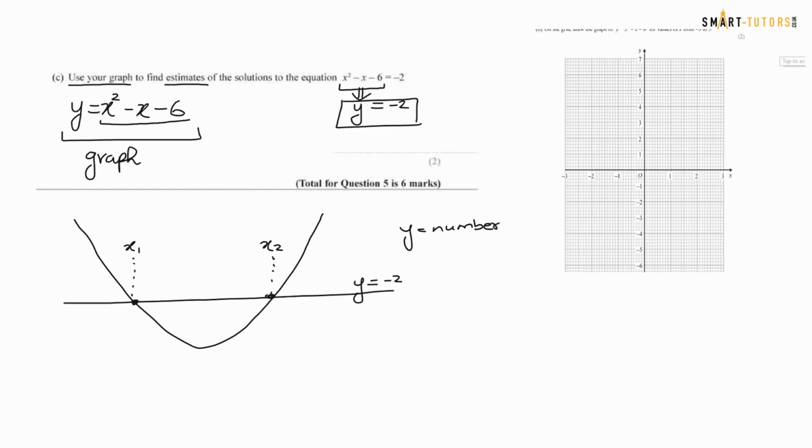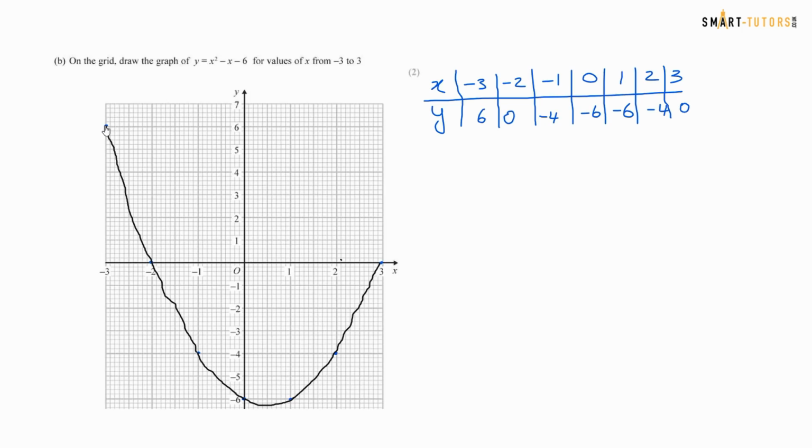The way to do it is x squared minus x minus 6 is my graph, which is y, equals minus 2. So y equals minus 2 is a line we need to draw on the same axis. So I'm going to draw that, this is the y equals minus 2 line.